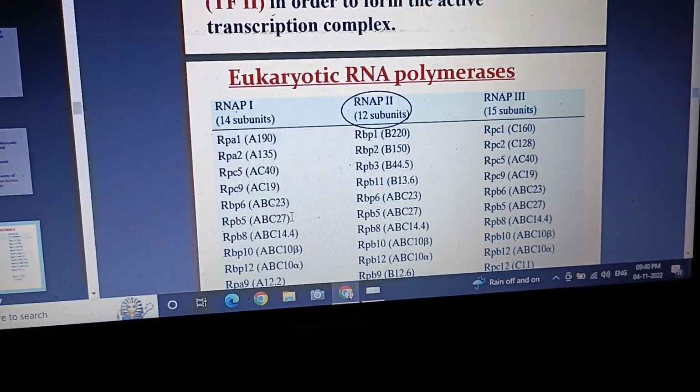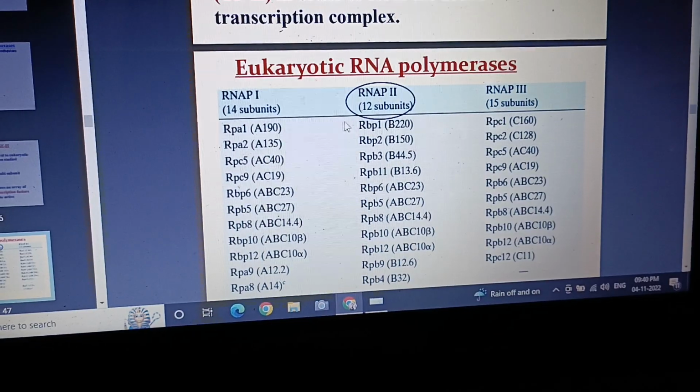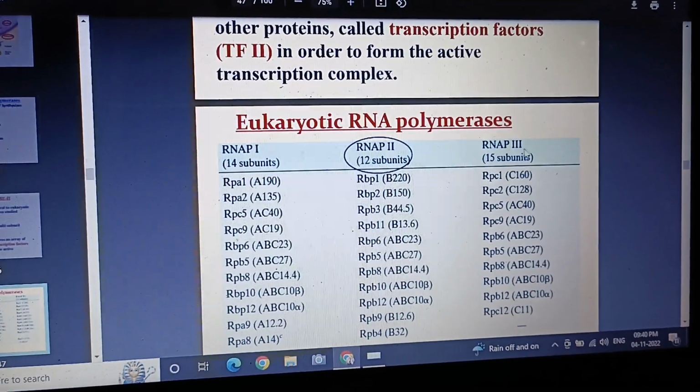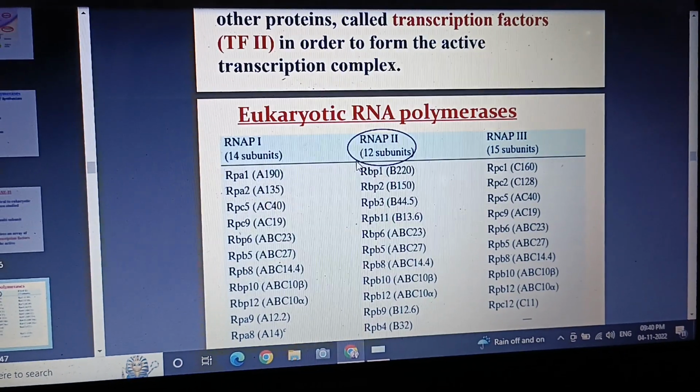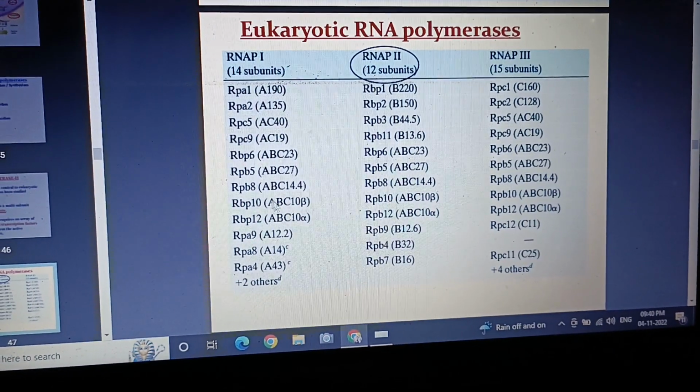Eukaryotic RNA polymerases: RNA polymerase 1 has 14 subunits, RNA polymerase 2 has 12 subunits, and RNA polymerase 3 has 15 subunits. So these are the subunits.